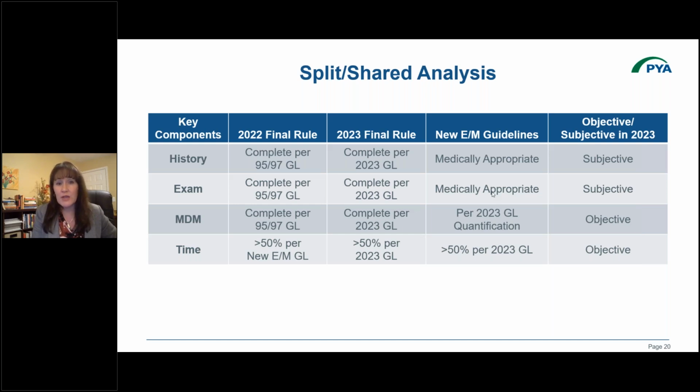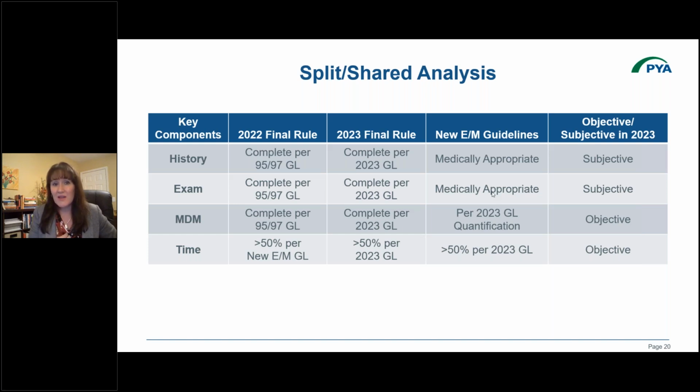And so medical decision making is the safest component to document as a physician and to support that you are indeed supporting the level of service. In effect, you're supporting it on your own.